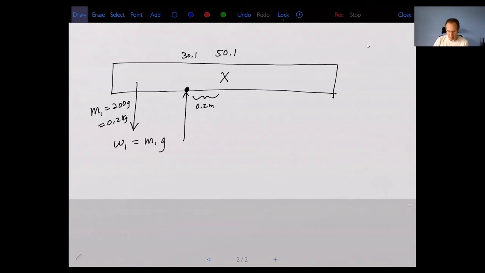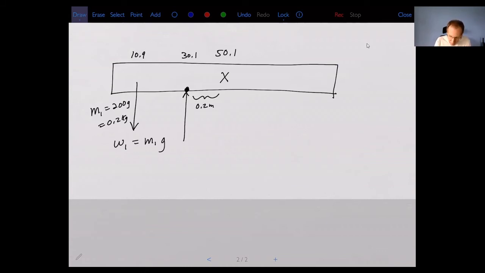So 0.2 times 9.8 is the actual force. And it turns out that this balances. So I had to place that at some location such that the entire meter stick was balanced, so it's in rotational equilibrium. And it turned out that it balanced when this location was 10.9. So when I put it at 10.9 centimeters, it balanced.